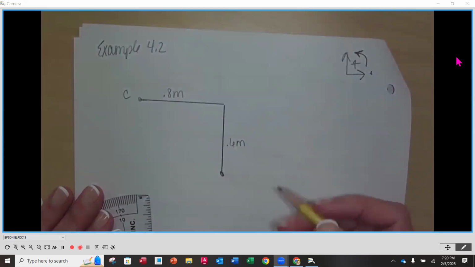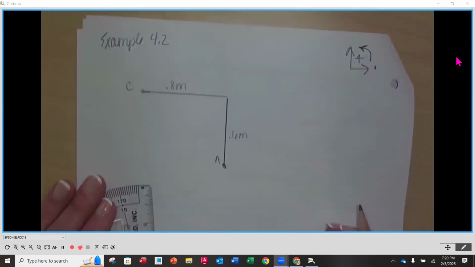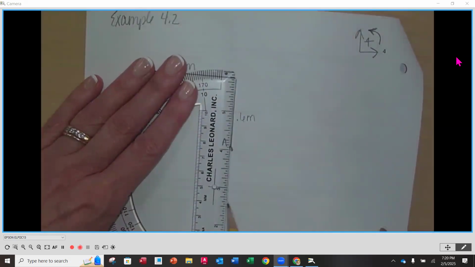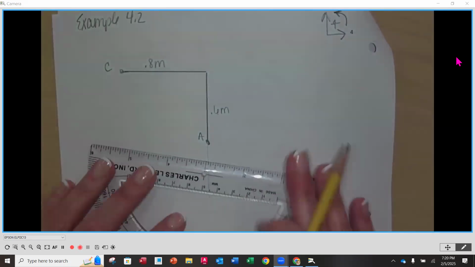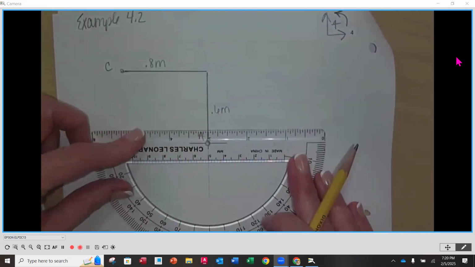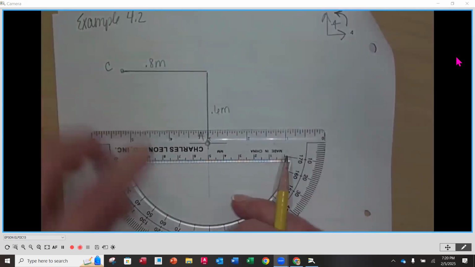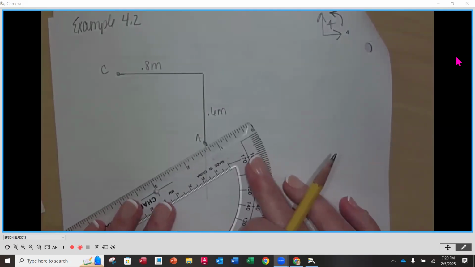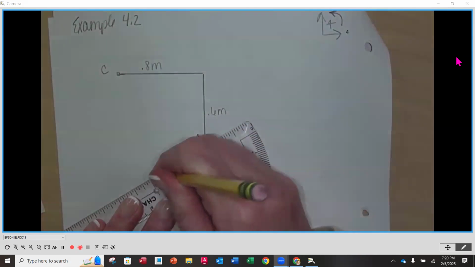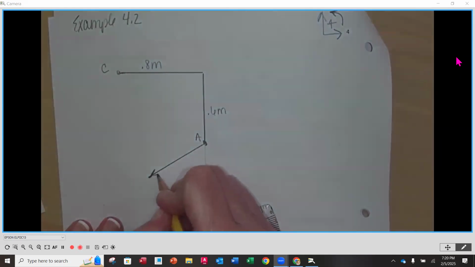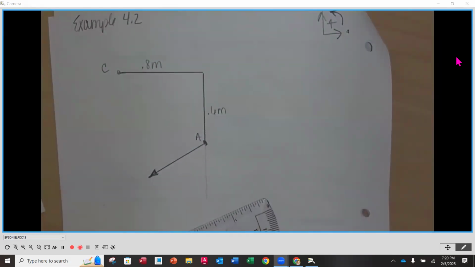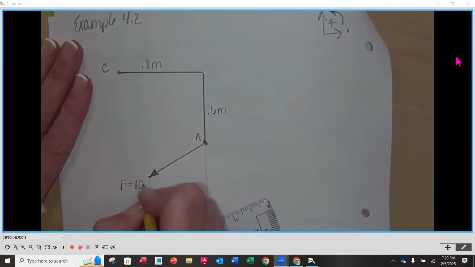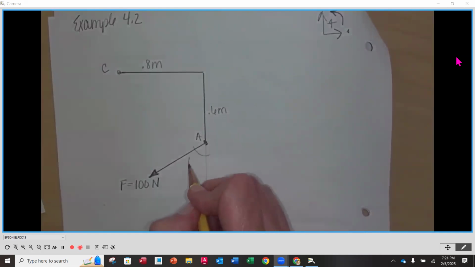And then down here is point A. We kind of extend this. Don't have to draw this to scale, but I've got a protractor. So I've got 90, 30 degrees, so it's going to be coming off at a 60-degree angle from vertical. I know this is my force F, and F is equal to 100 newtons. And I know that this is 60 degrees.